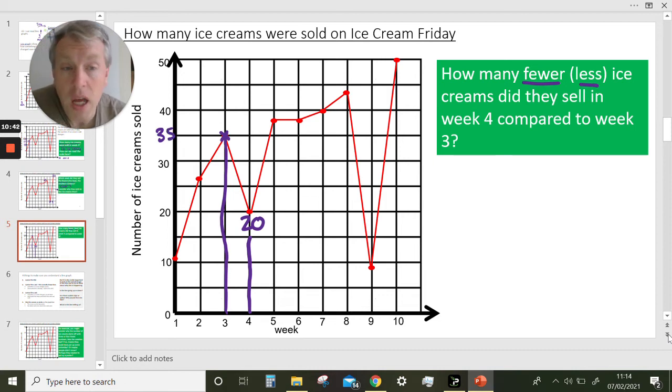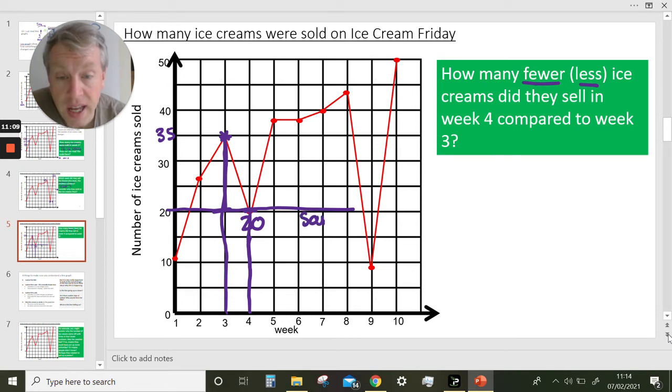We need to find the difference. How many less? Well, this part of the line, from here to here, is the part that is less. Because if we measured both of the lines up to 20, it's the same, isn't it?